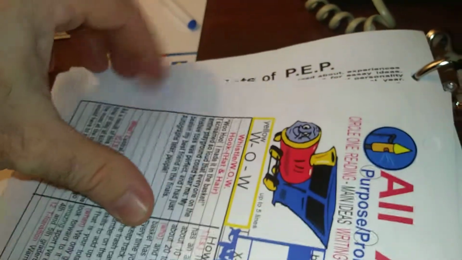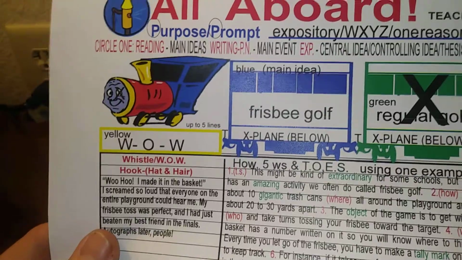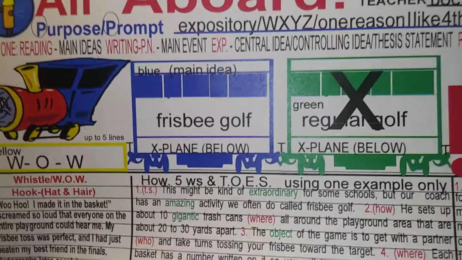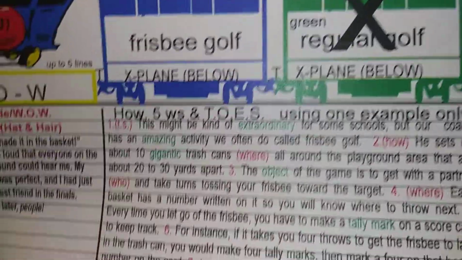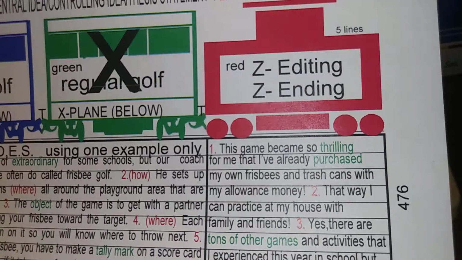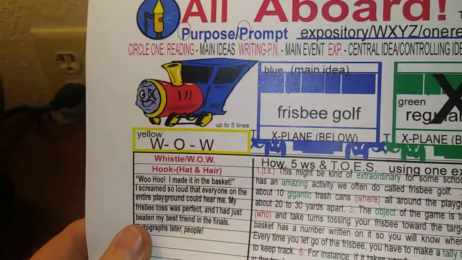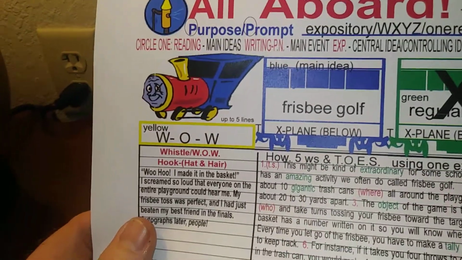So in my next video, you're going to see how I would use the train to talk about the wow, the why, the reason, the example, the explanation and the explosion, and the ending, and taking the time to do the editing and the revising. Alright, so using my train, there's the introduction.